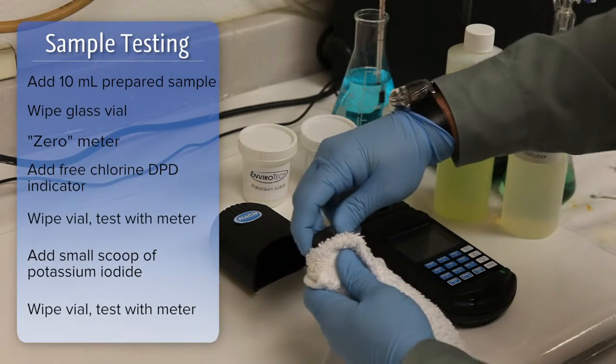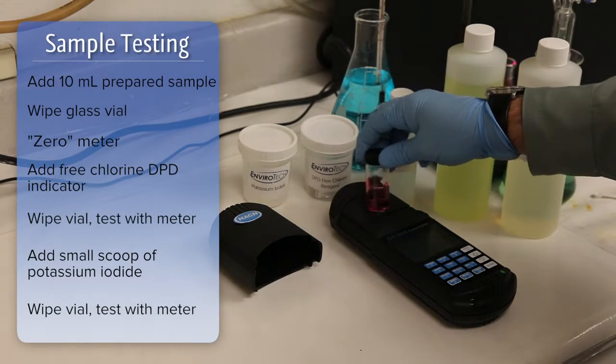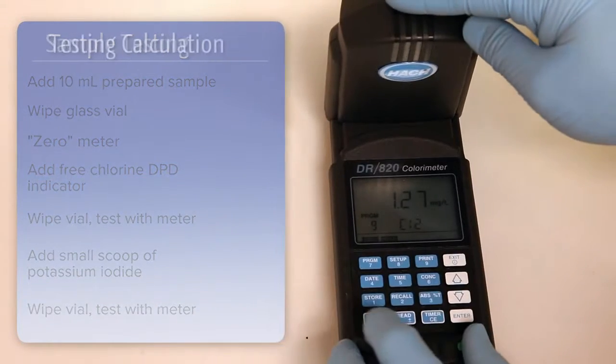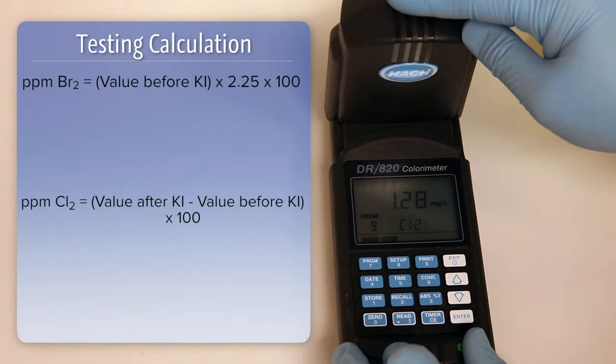Back in the colorimeter after a wipe of the cell again. Place the shield on to protect from stray light, and then follow this calculation.